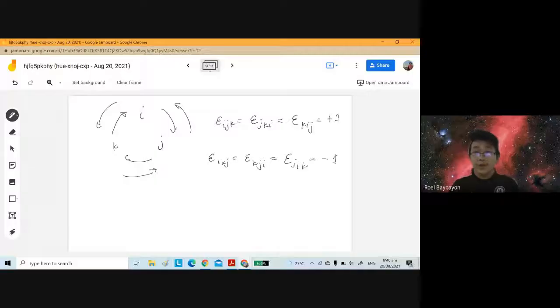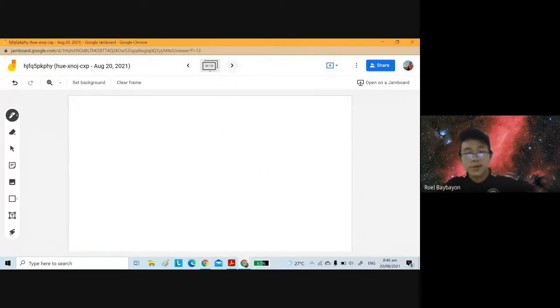Okay, so we'll now use the concept of the components of our vector products to solve some vector quantities like this. How will you prove, for example, that A dotted with B cross D?